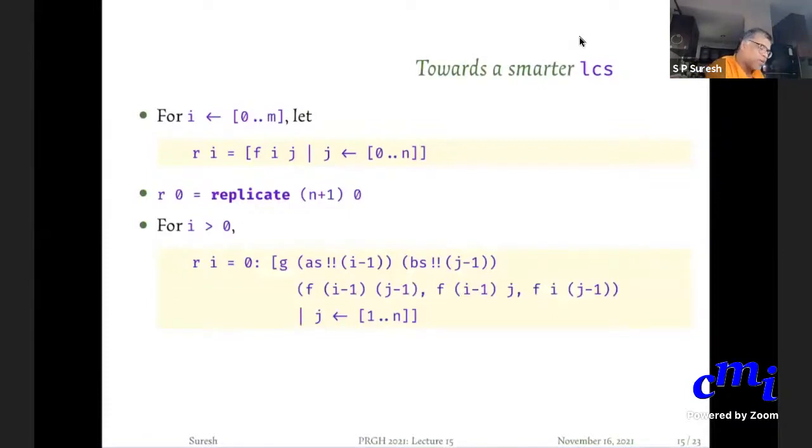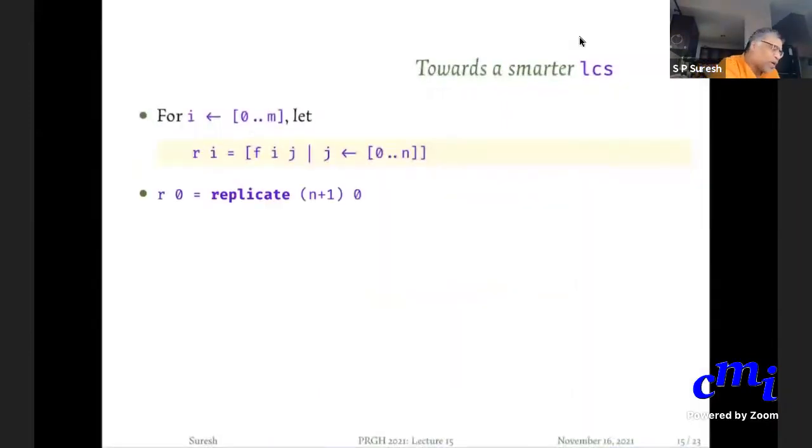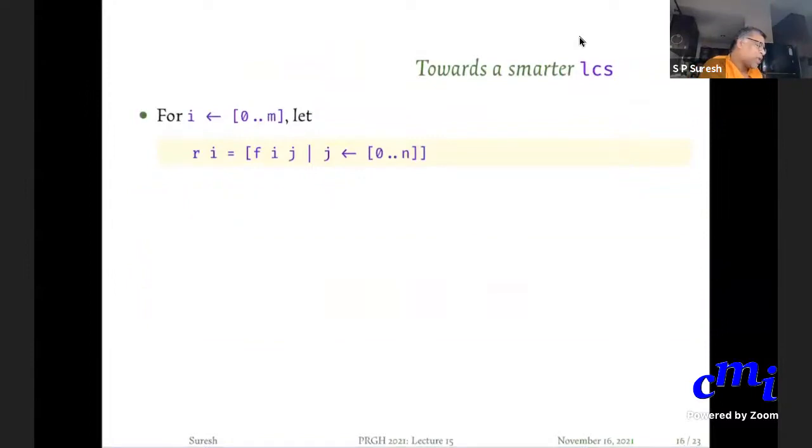Ri is nothing but, the first element is clear: for Ri, the first element is always 0. And then the rest of the elements, I'll work it out here. Ri is 0 followed by G applied to A at I minus 1, B at j minus 1, f of I minus 1, j minus 1, f of I minus 1, j, f of I, j minus 1, for j going from 1 to n.